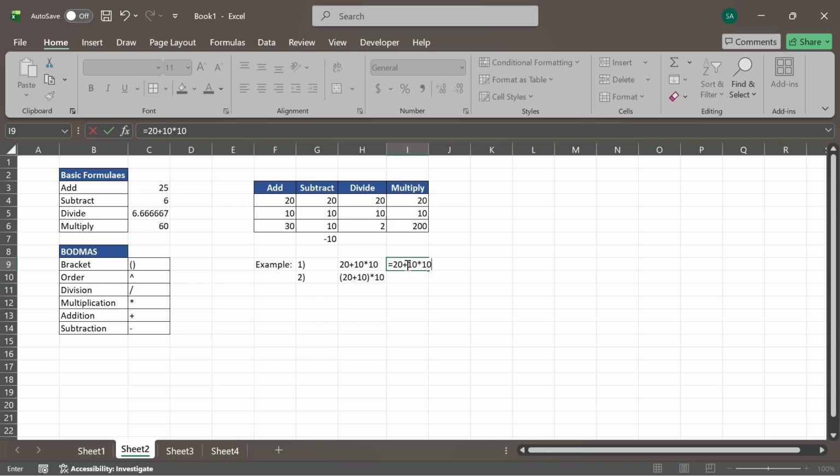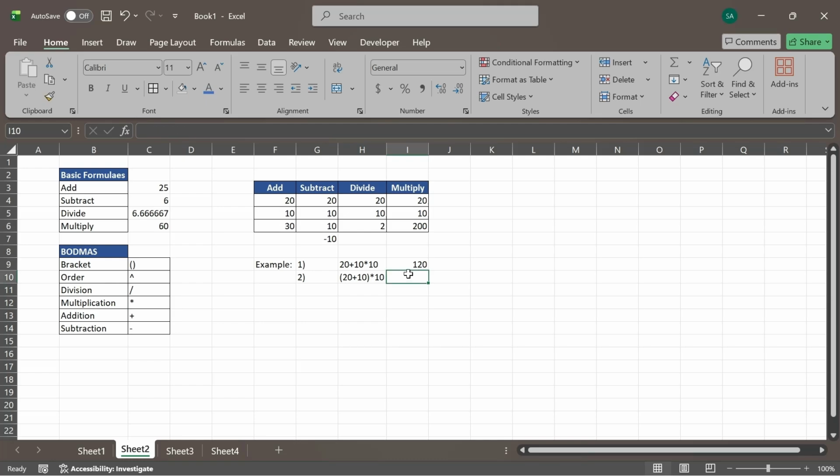So ideally what will happen, first preference will be given to multiplication, then 10 into 10, then the resultant will be added to 20. That means answer should be 10 into 10 100 plus 20 120. So our resultant is the same.